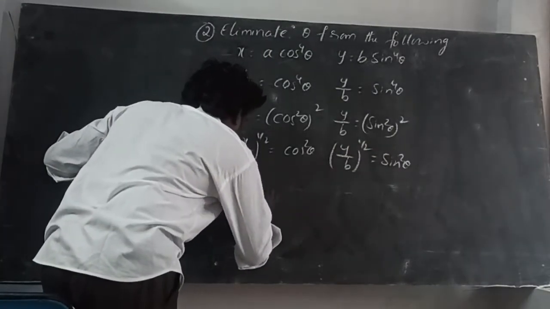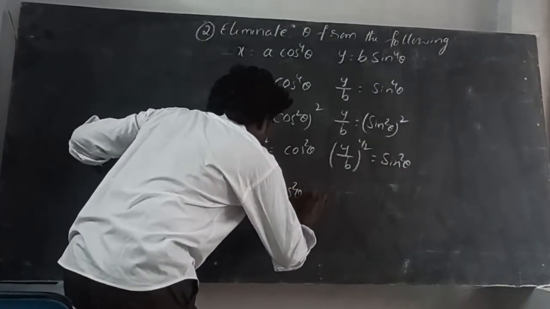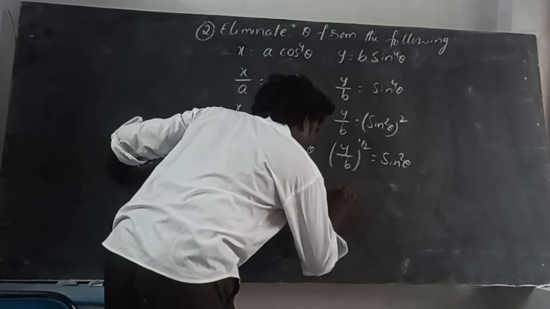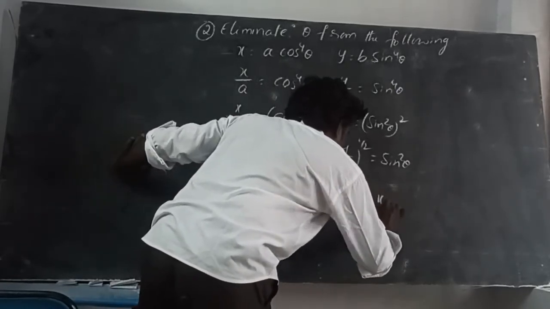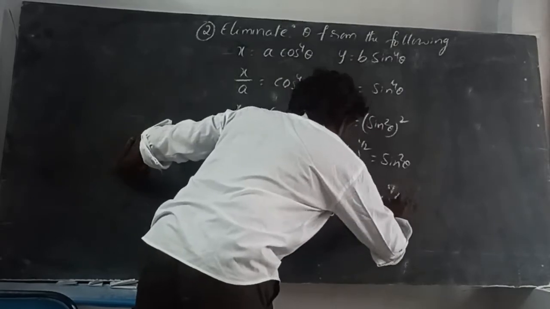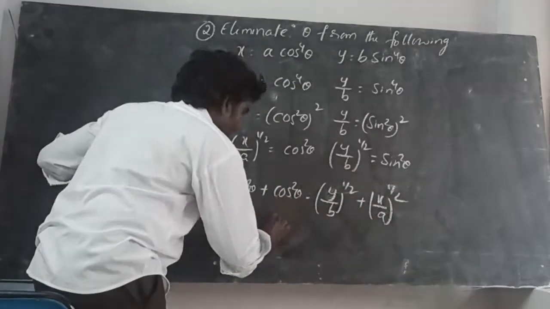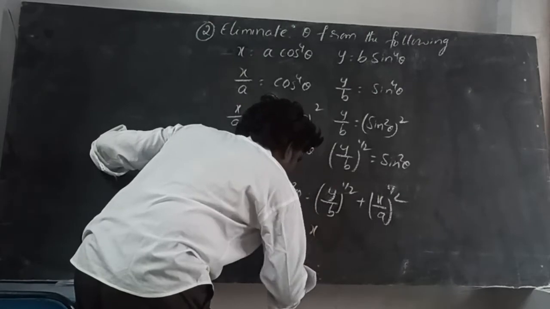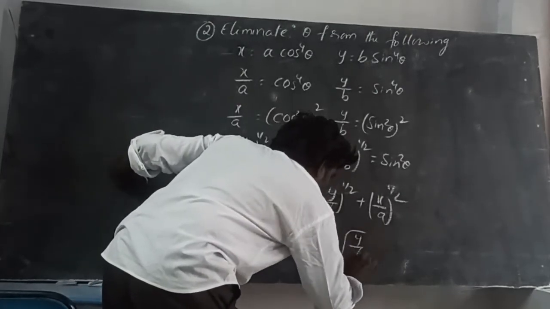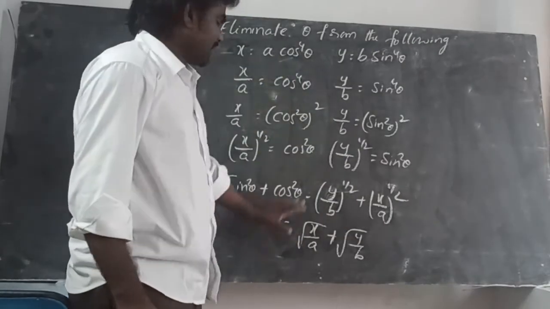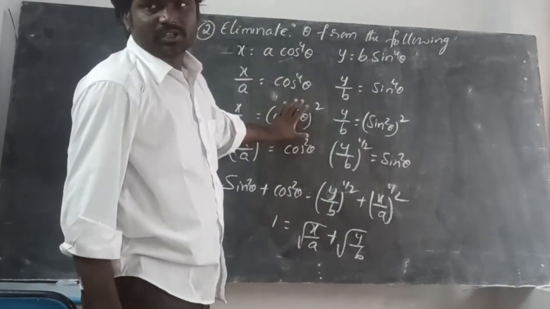Sin square theta plus cos square theta is equal to y by b whole power 1 by 2 plus x by a whole power 1 by 2. Sin square theta plus cos square theta, its value is 1. You can write it as square root of x by a plus square root of y by b is equal to 1. So this is the way to eliminate the theta from the given equations.